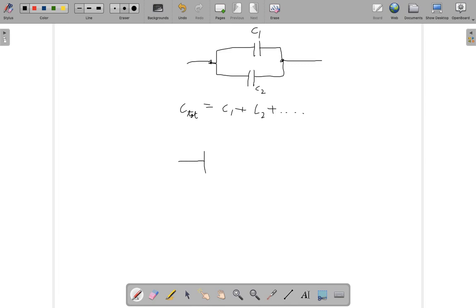Now if you have capacitors in series, let's say C1, C2, our total capacitance over here will equal, actually let me write it out in a different way, 1 over our total capacitance equals 1 over C1 plus 1 over C2, and so on depending on how many you have in series. Basically the exact opposite of what we did in the case of resistors.